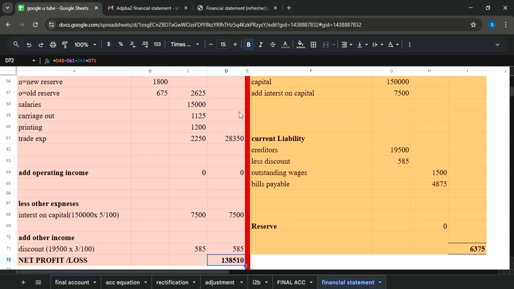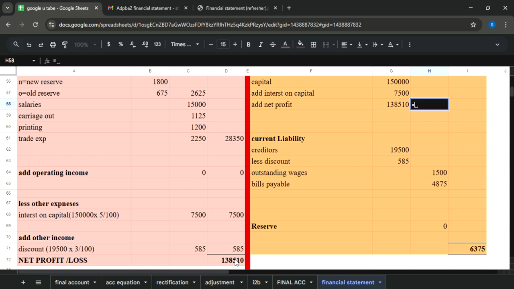We will proceed to our right side, and here you are needed to add your net profit, the amount you have just calculated. Let's see if it can pick 138510.